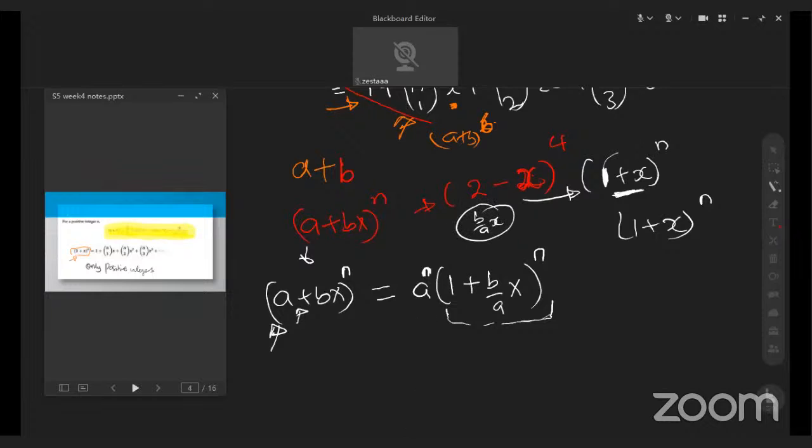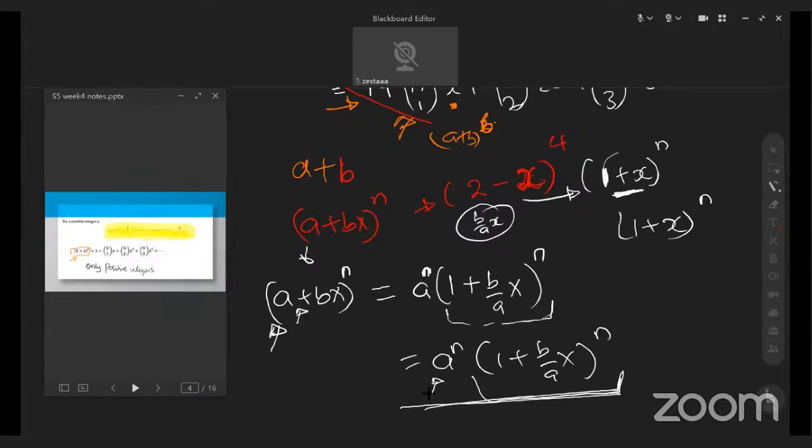This will be now your x, and this will be your 1. So we put it in that. Once you do that, we shall have a to the power of n, 1 plus b out of a x to the power of n. From here, you now simplify this. After simplifying it, you multiply it by a to the power of n. That's what we first carry on.